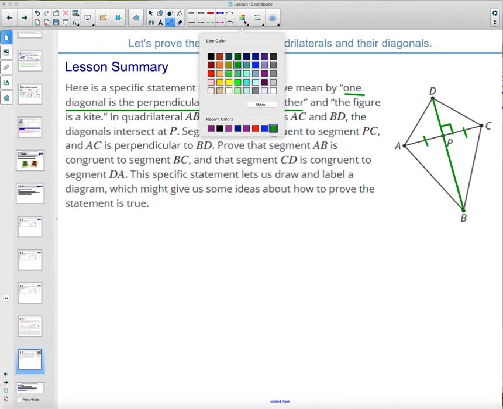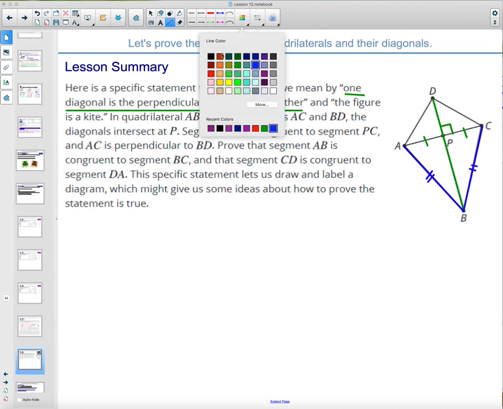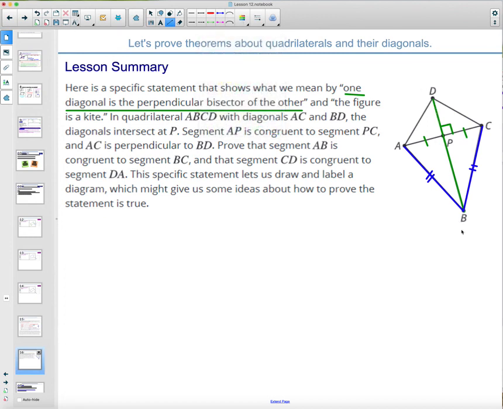So if you have a perpendicular bisector of a segment, you can know you have a kite, because B would be equidistant from the endpoints of this segment. B is as far from A as it is from C, from a perpendicular bisector. And the same with D. Any point on the perpendicular bisector is equidistant from the endpoints of that segment. So D is equidistant from C as it is from A as well, so you end up with a kite.